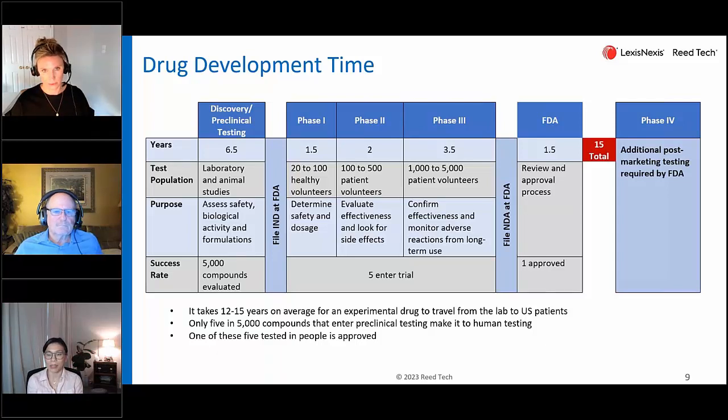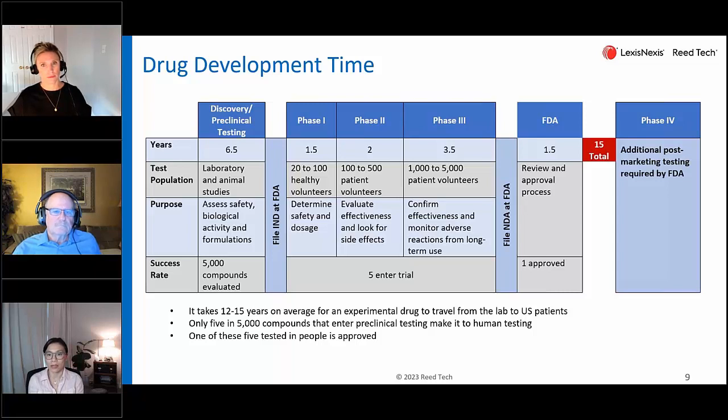And that typically happens from 12 to 15 years. And that all starts from the discovery of the molecule all the way through phase 3 studies. And that whole process, you could see here in this chart, which I find very helpful. You could see the durations of time of each of those phases.